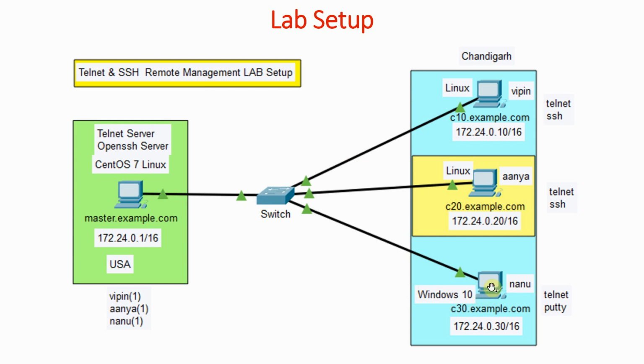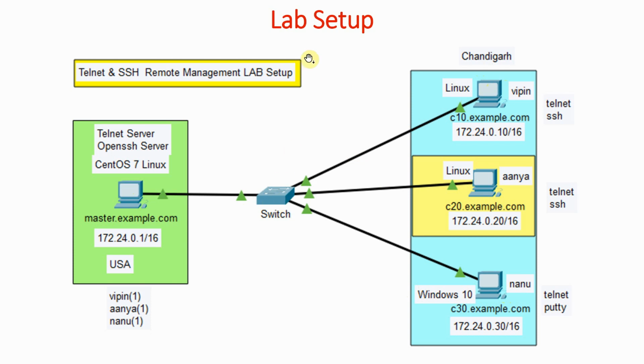Whether we are logging in as a normal user or a root user, Telnet sends the password in clear text. That means from this system, if I am trying to log in as VPN, whatever the password, and from this system as root, whatever text is sent will be in clear text.